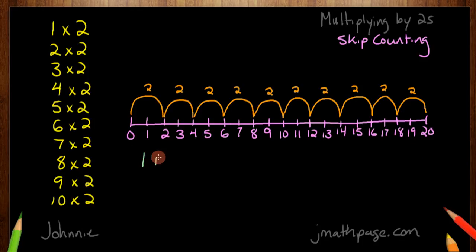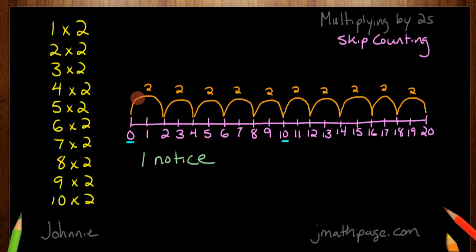So I notice something special about my skipping by 2's. I notice something about where I end up. So let's look at these for a moment. I notice that I start at 0, and I also notice that if I go here, there's also a 0 here.